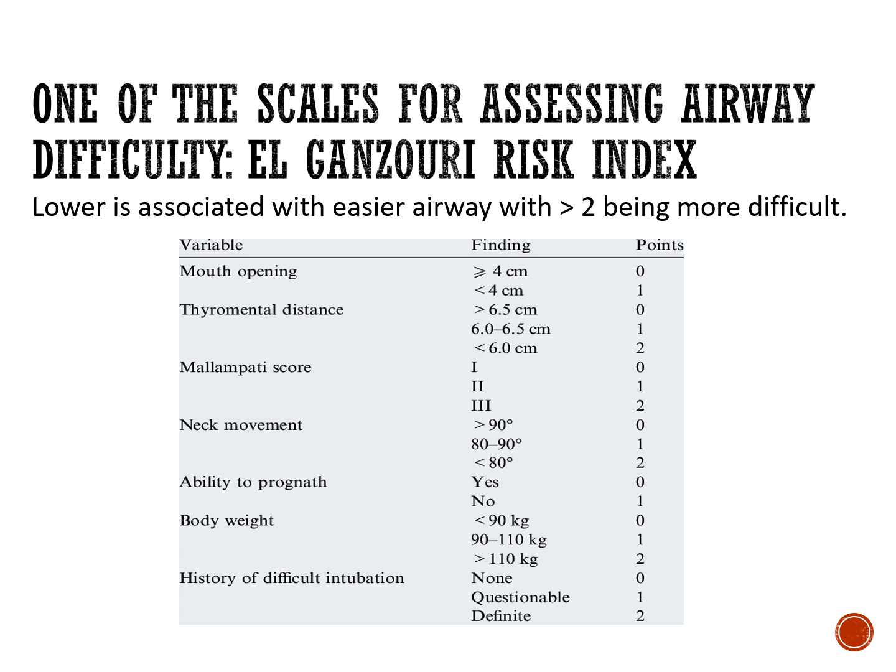So this particular scale has been studied, and it's been determined that certainly like any scale, it has some limitations. But in general, a few things can be said about it. The lower the score, the easier the anticipated intubation.